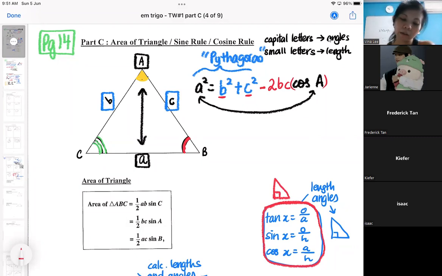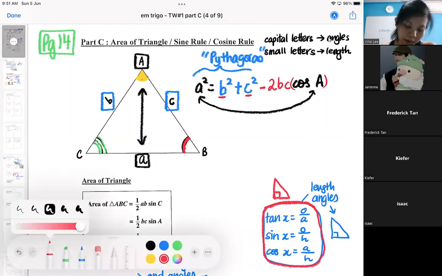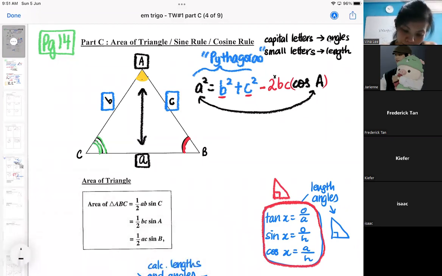Then you minus 2BC multiplied by cosine A. So all these are multiplication. Okay, so that is the cosine rule.